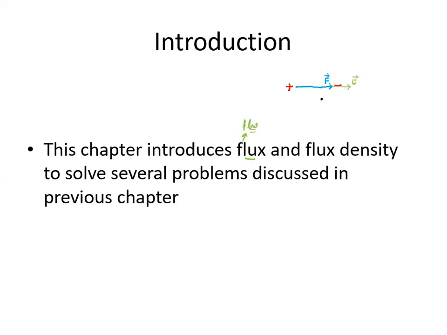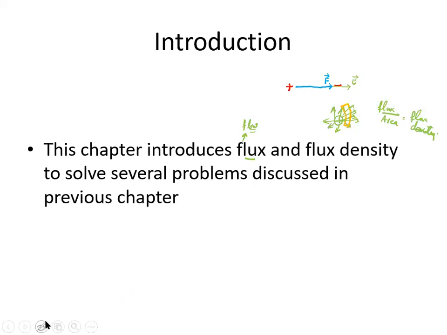For example, if I have this positive charge and the electric field is moving around from it in all possible directions, but if I take a certain unit area, for example this one, so how much intensity is going out of this area, how much intensity is leaving this area, that intensity, that flux, how much flux per unit area is called flux density.